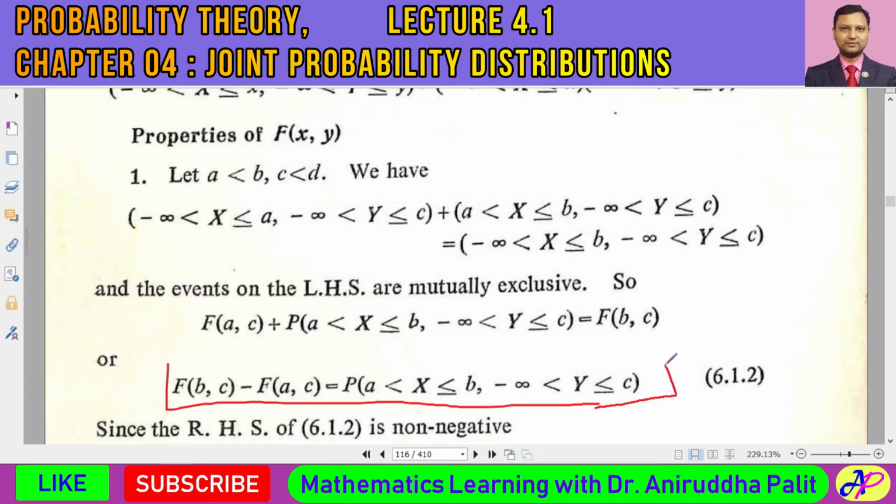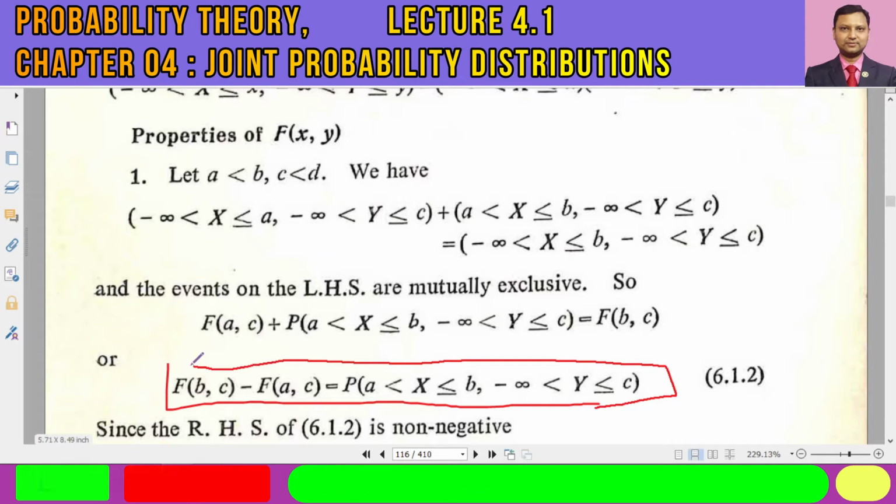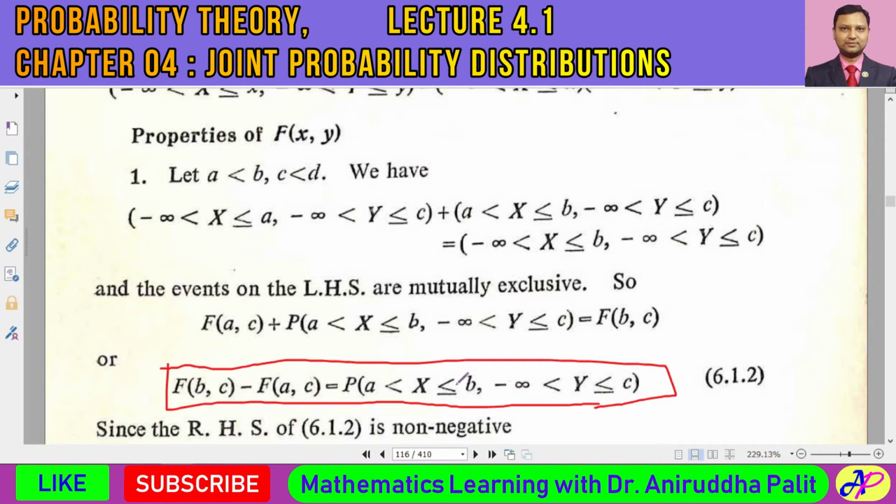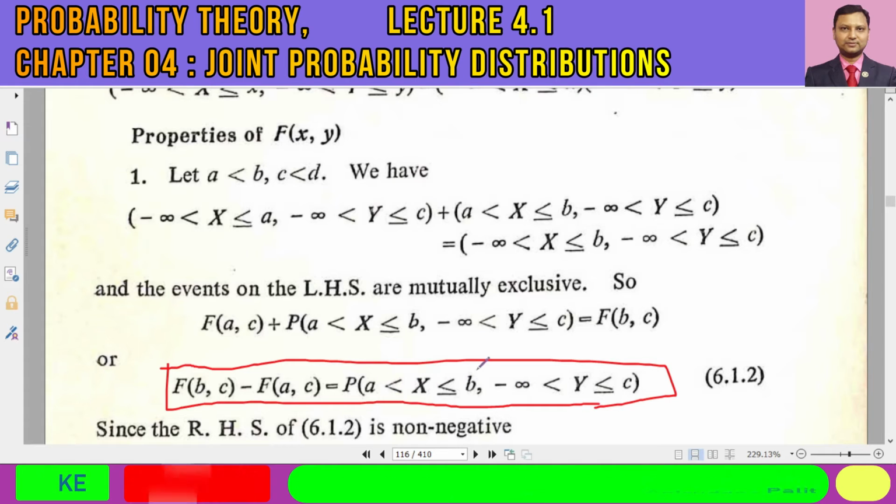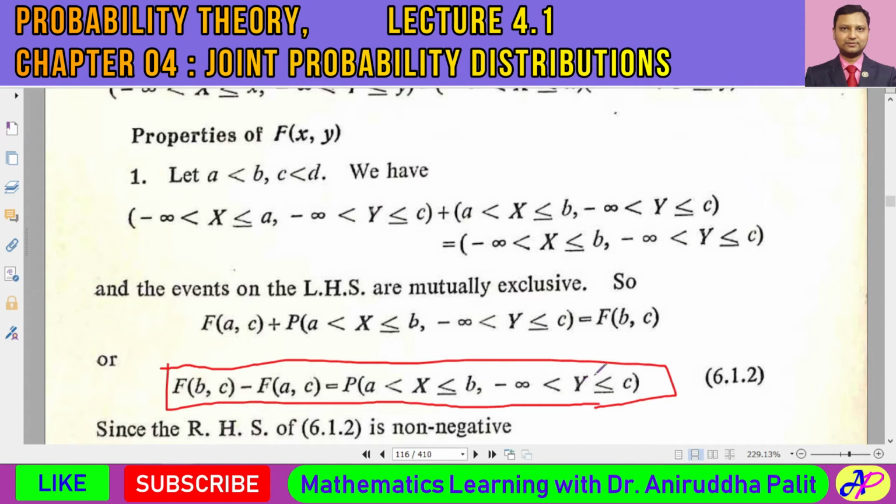This is the result that we shall use frequently in future, the probability of this kind of event. You can see that A less than X less than or equal to B. No such restriction is there.